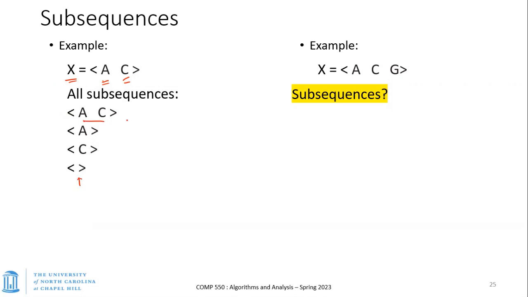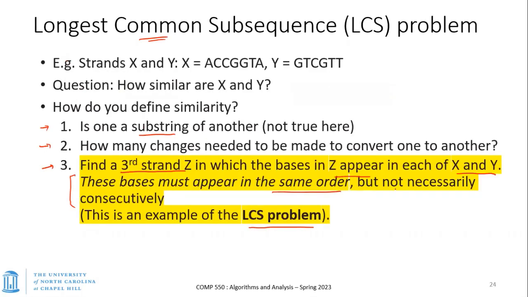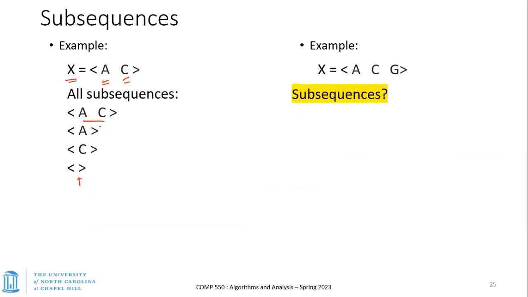But they have to be in the same order. They must appear in the same order, but not necessarily consecutively. So for X being A and C, with size M equal to 2, these are the possible subsequences.